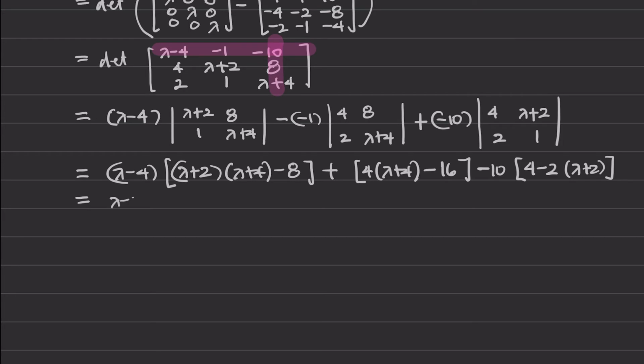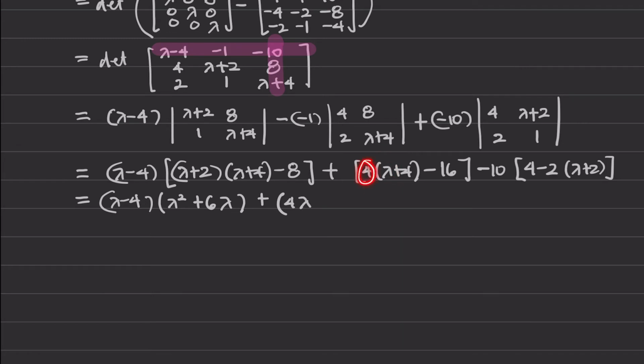Okay, so lambda minus 4, meron na tayo ditong lambda square. Tapos 2 lambda plus 4 lambda is 6 lambda. Tapos dito meron kang 8. Tapos, minus 8, makakancel na siya. Plus, ito? 4 lambda.